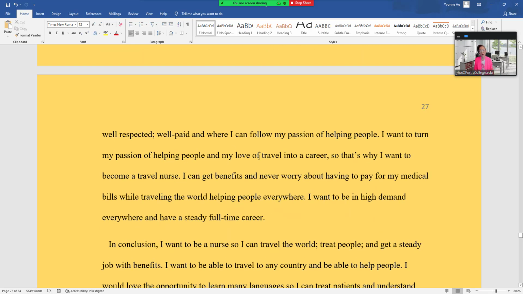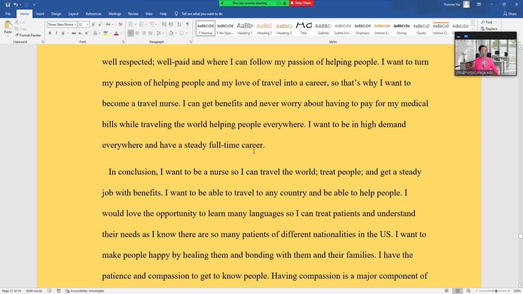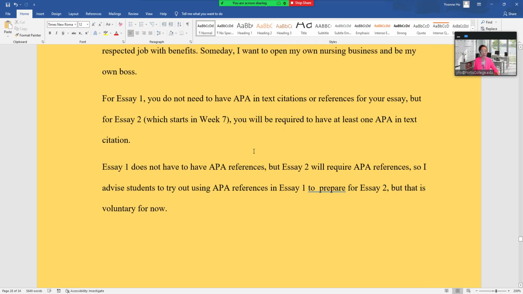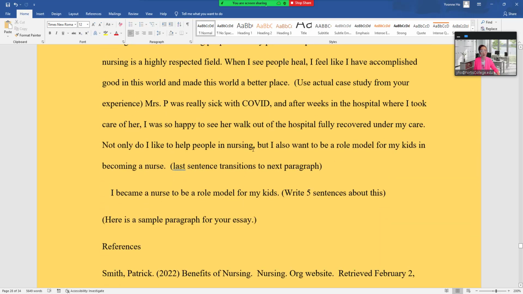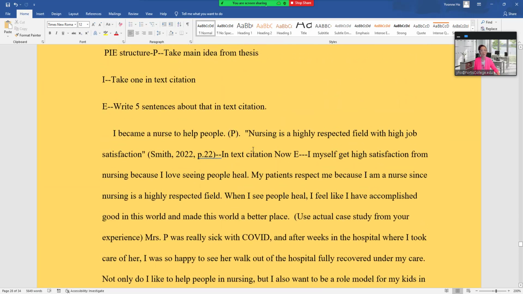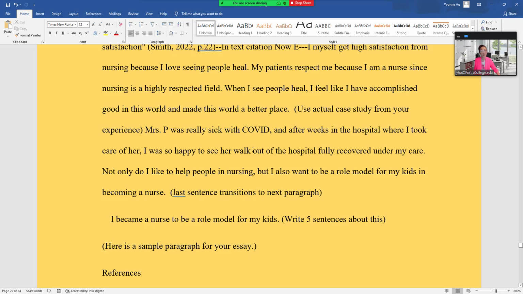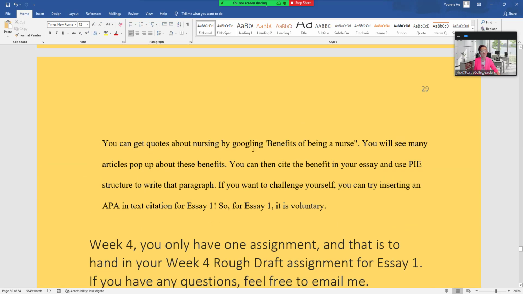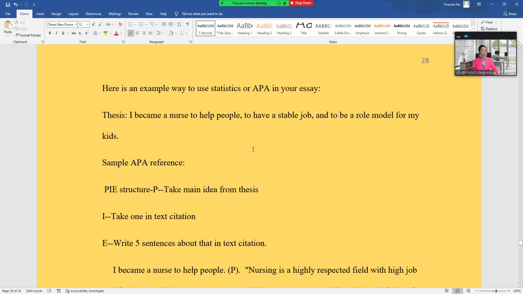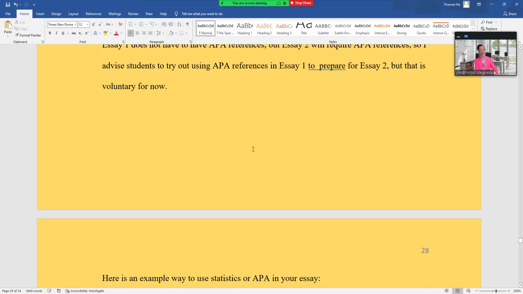And if you want more examples of how to do the peer review, you can look at my what is a peer review PowerPoint in my week 3 lecture, in which I give other examples of how to write an essay, and here you have more stuff on how to write an essay.